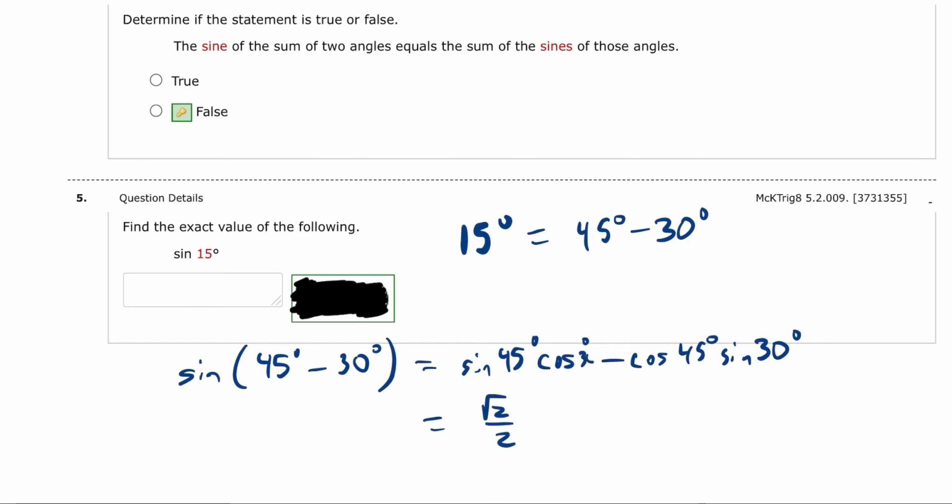Oops, this should be 30 degrees. Sorry about that. Cosine of 30 would be radical 3 over 2 minus radical 2 over 2 times 1/2. So this is going to be radical 6 minus radical 2 over 4. There we go.